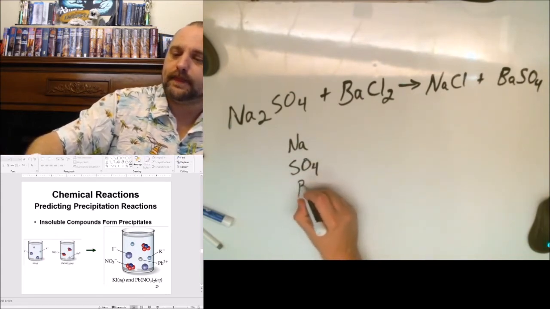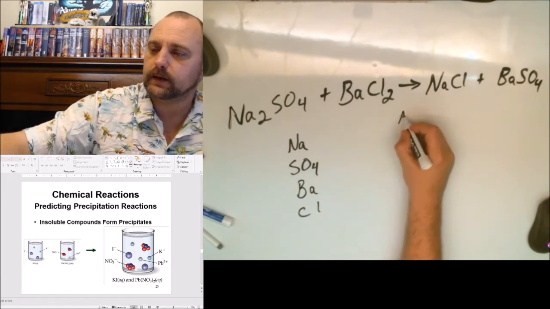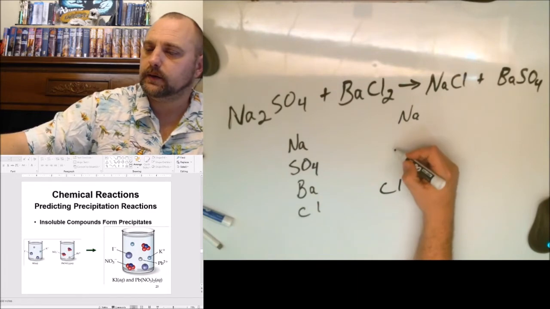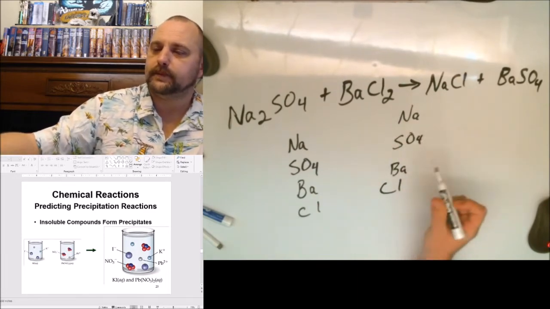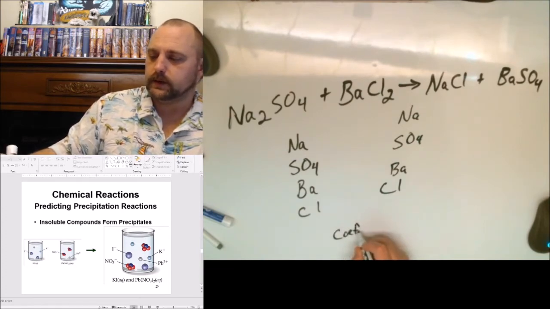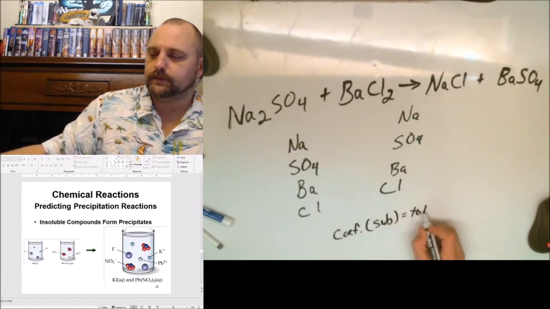So when I make my list for this side, remember I'm going to put a Cl down here. I'm going to put the Ba here. I'm going to try and keep things lined up. So a reminder of the math here, coefficient times subscript will be the total.